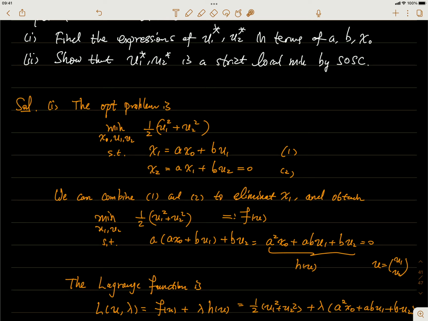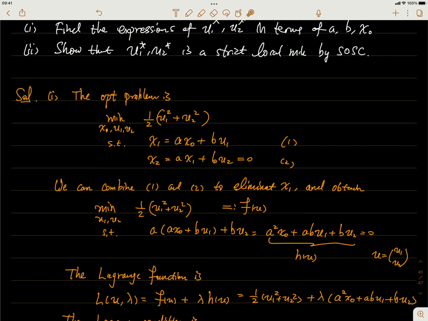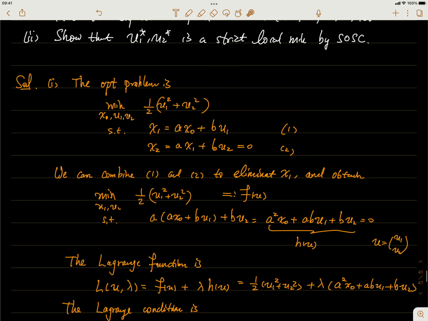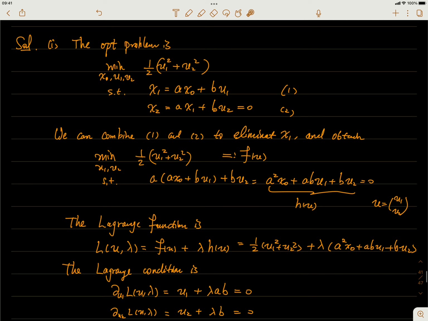Note that A, B, and x0 are all constants. Once you have a specific application, you know what A, B, and x0 are. You just plug them in, but they are constants, not variables. Now we have this equality constrained optimization problem, and we just do the standard way. We form the Lagrange function.